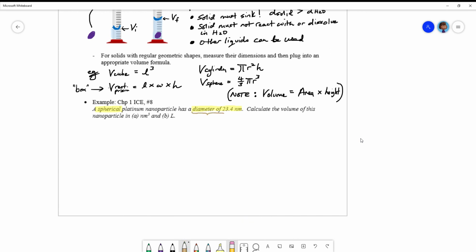Well, as it turns out, radius is equal to half the diameter. So radius equals 1/2 the diameter, which in this case would be 1/2 of 23.4, or working this out, it's 11.7 nanometers. Is the radius of our sphere.